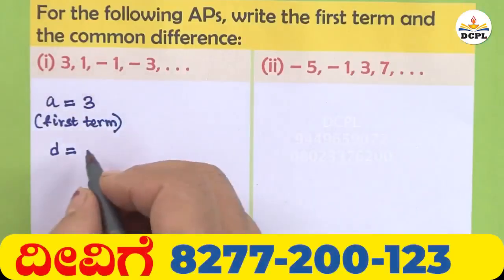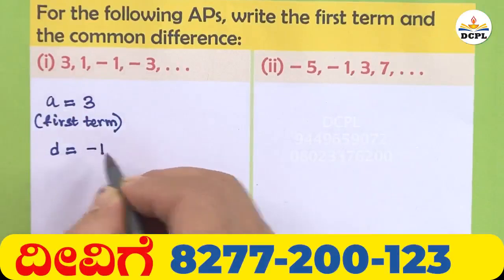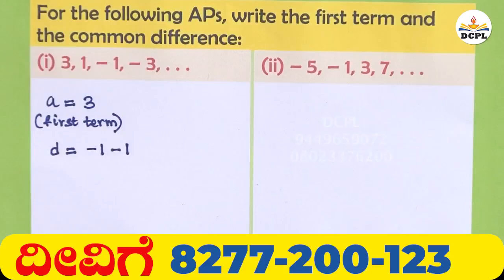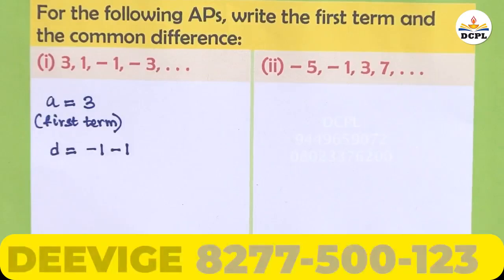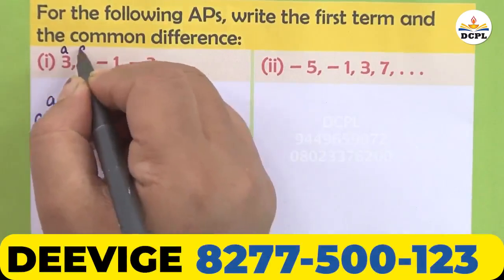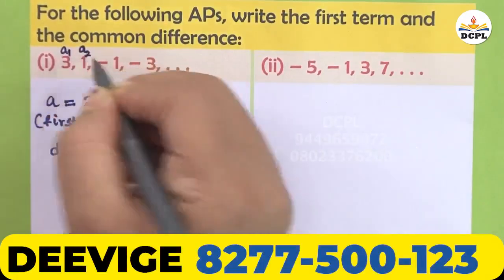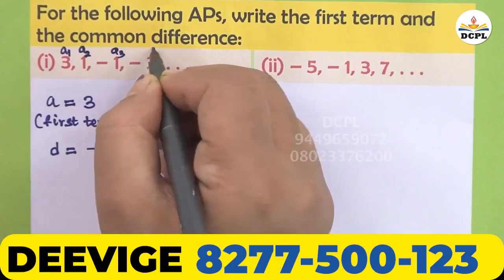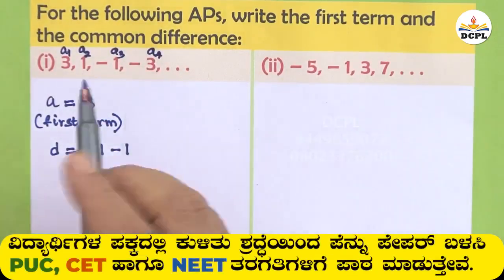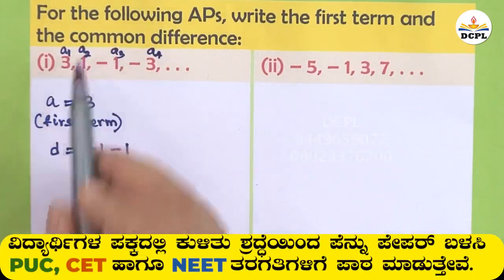So, let us start by taking minus 1. Suppose I call the terms A1, A2, A3 and A4. Now let us find A3 minus A2.